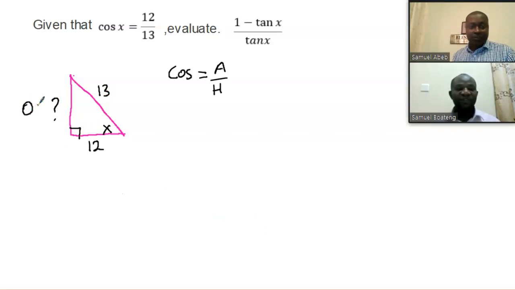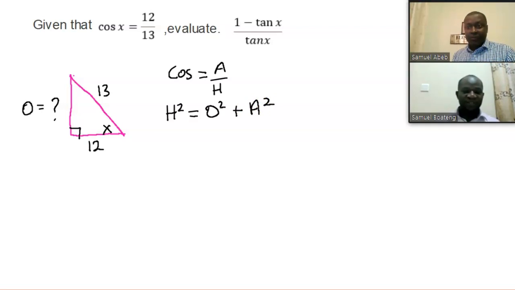Using Pythagoras theorem, hypotenuse squared is equal to opposite squared plus adjacent squared. Then we substitute the values. So 13 squared is equal to the opposite squared plus 12 squared.